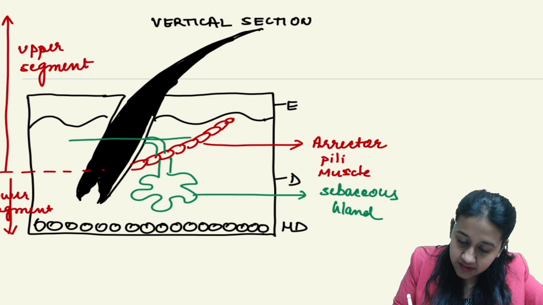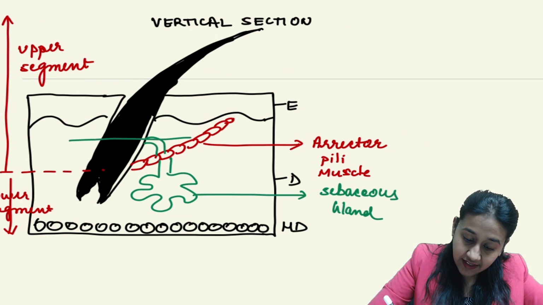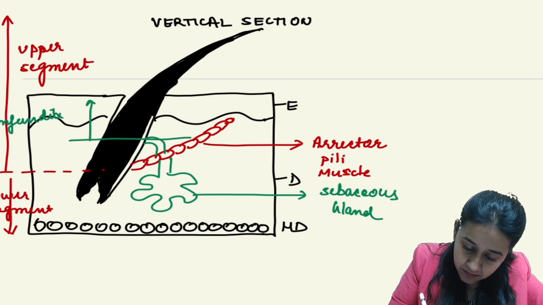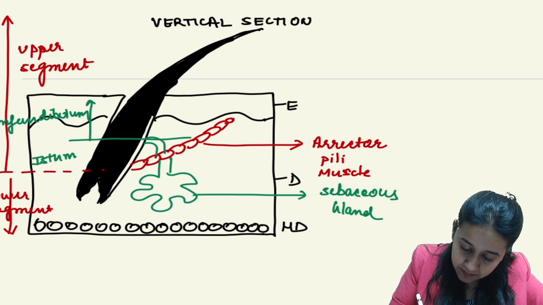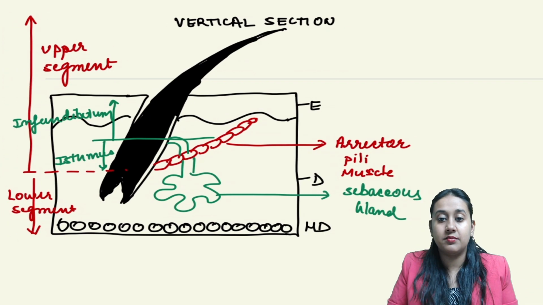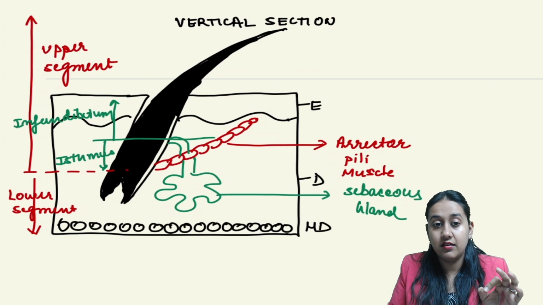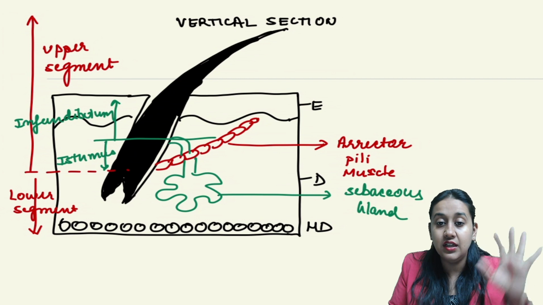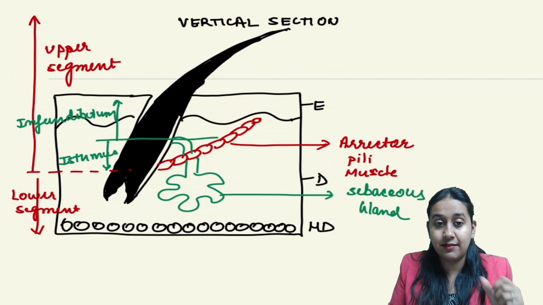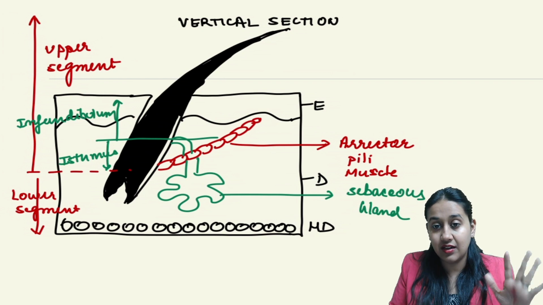And the opening of the sebaceous gland duct divides the hair into upper infundibulum and lower isthmus. It is the part which is made by the opening of the sebaceous gland duct.